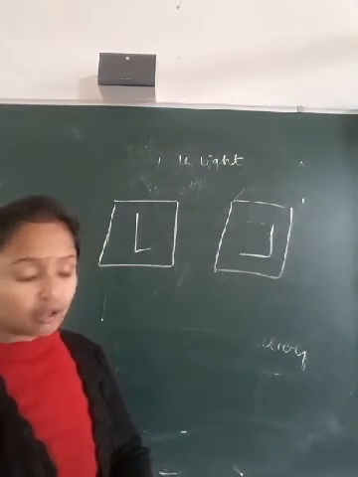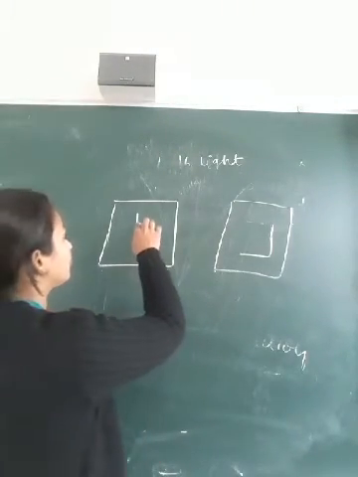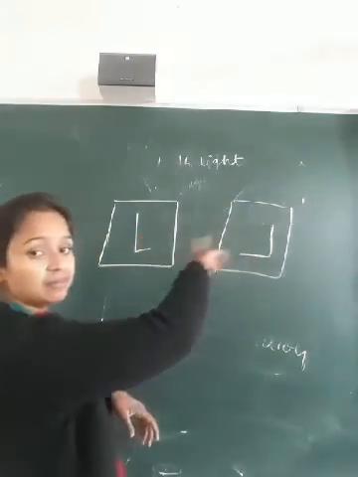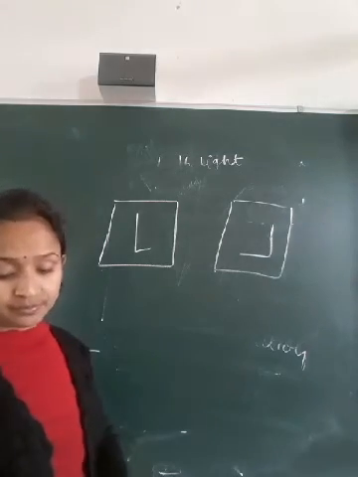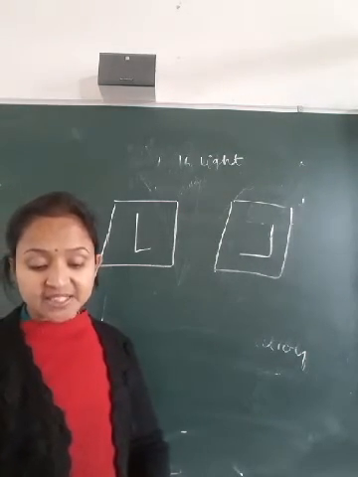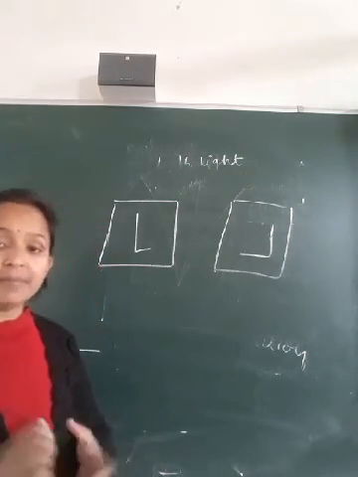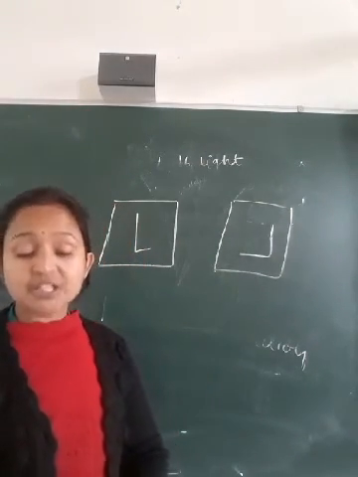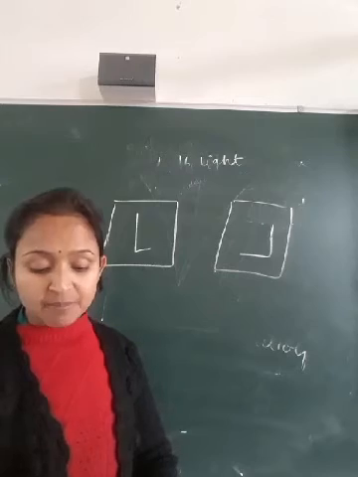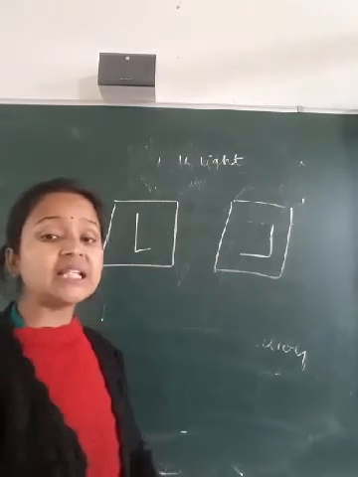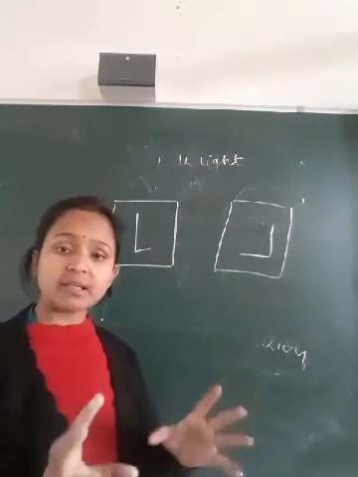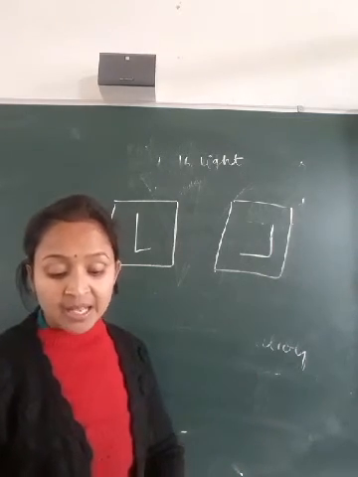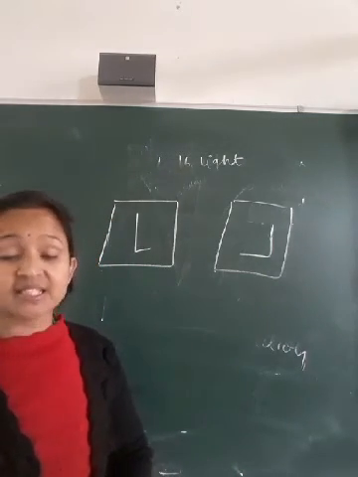You can see that in the plane mirror it will look like this. So what are the characteristics of the image formed in a plane mirror? The image formed is virtual. It means the image cannot be taken on a screen. The image is of the same size as the object.